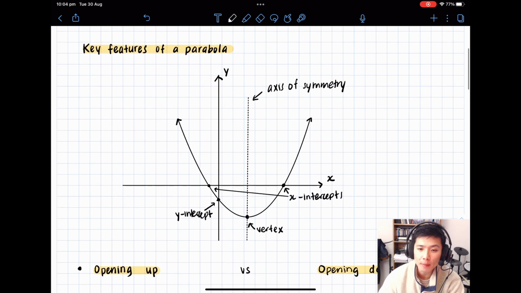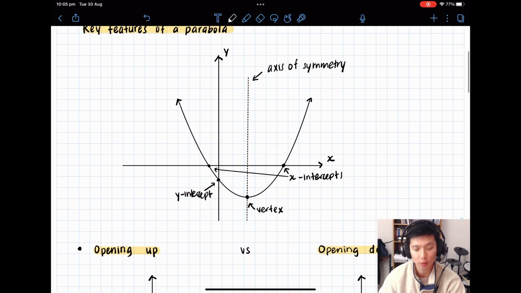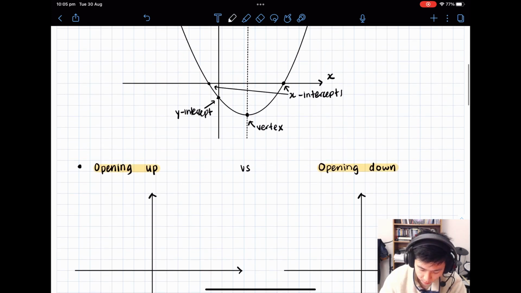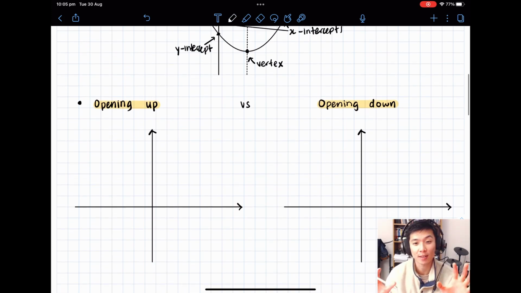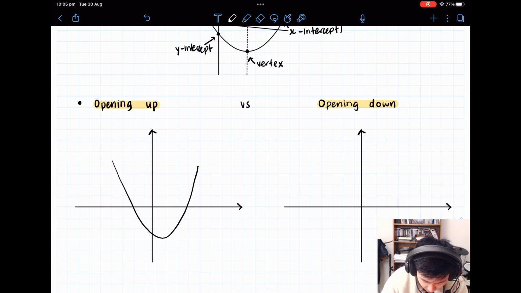Now, when we are looking at parabolas, they don't always look like the one that I've just drawn here. Parabolas can look a bit different. So let's first categorize them into two groups. There are parabolas that open up. What do I mean by that? I mean they look like a smiley face.